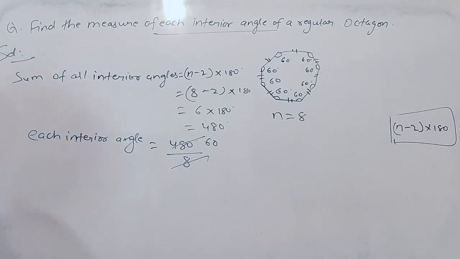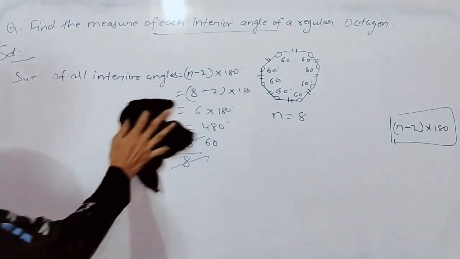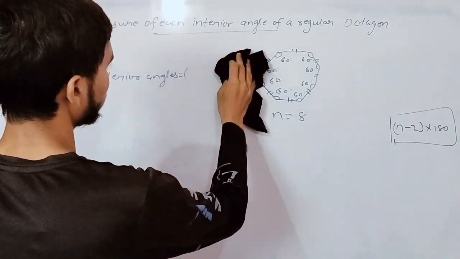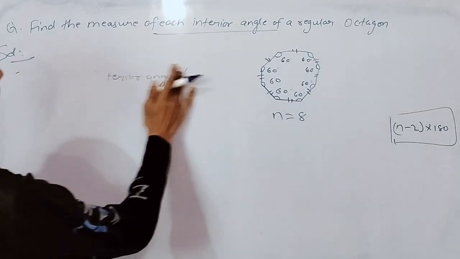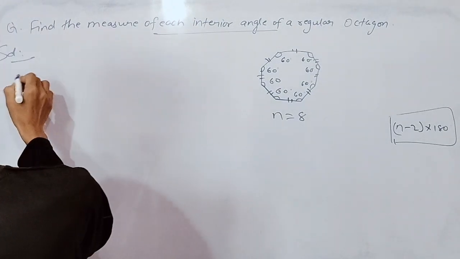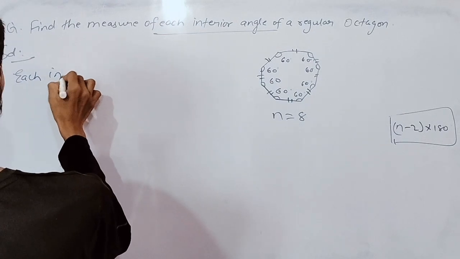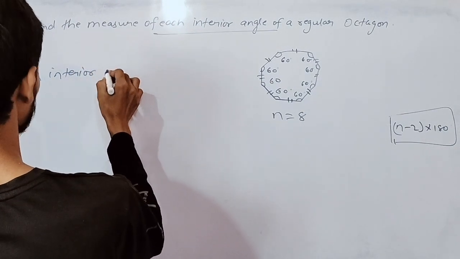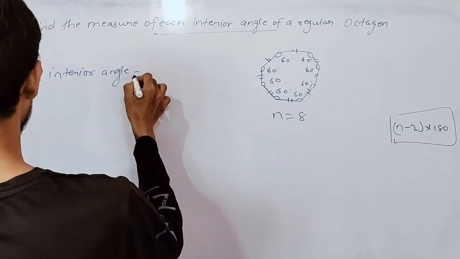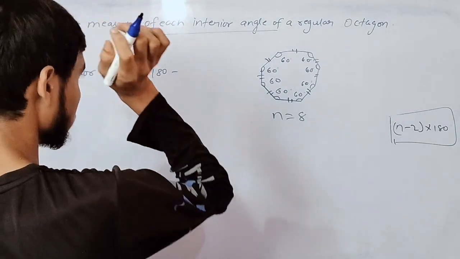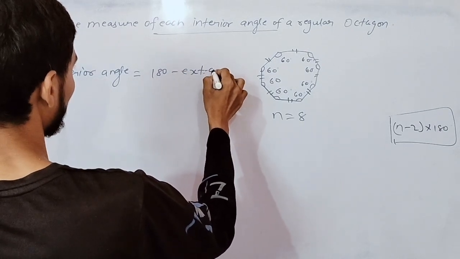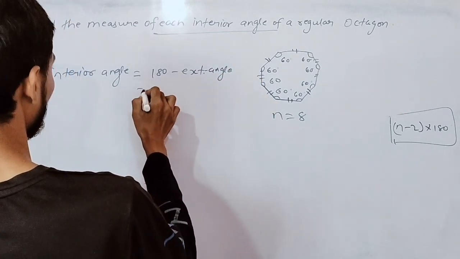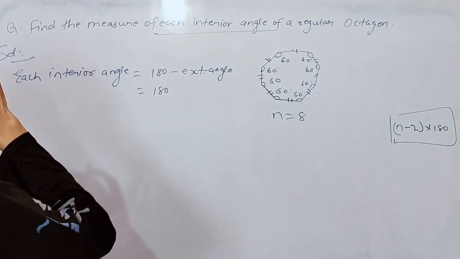Now next, hold on. To find each interior angle, it is 180 minus the exterior angle, where 180 is this much and the exterior angle we don't know.